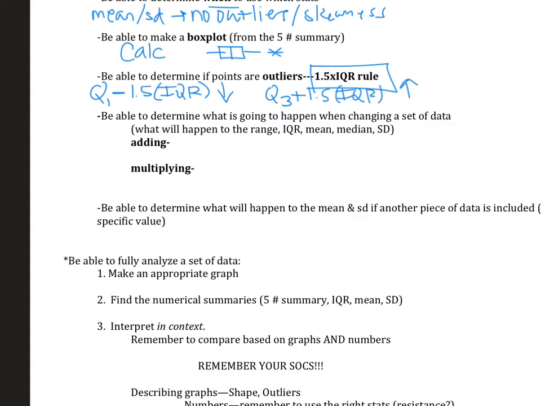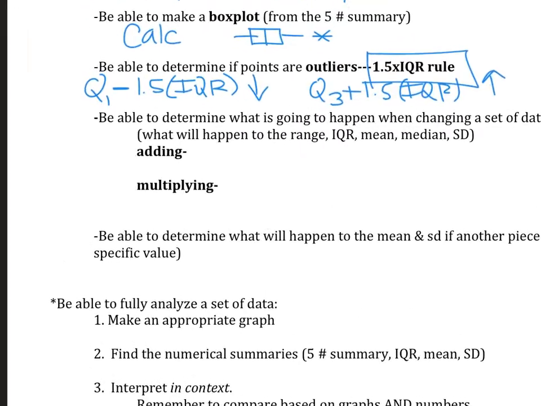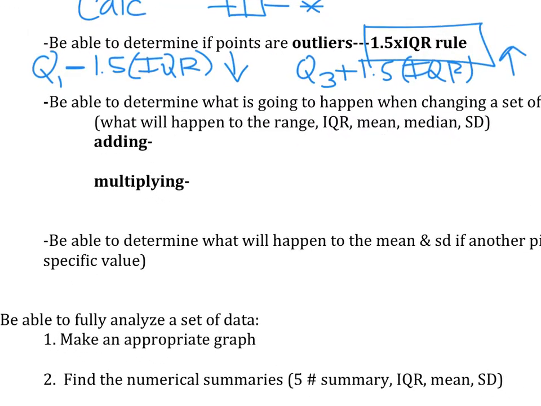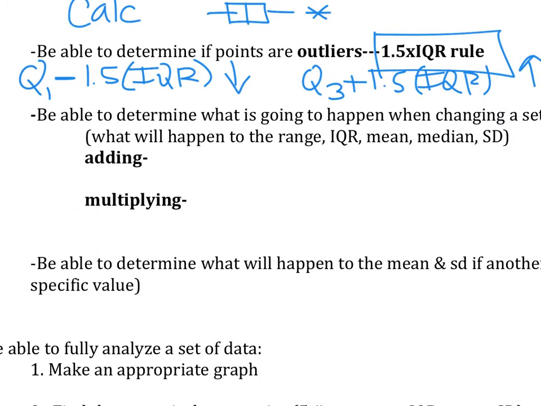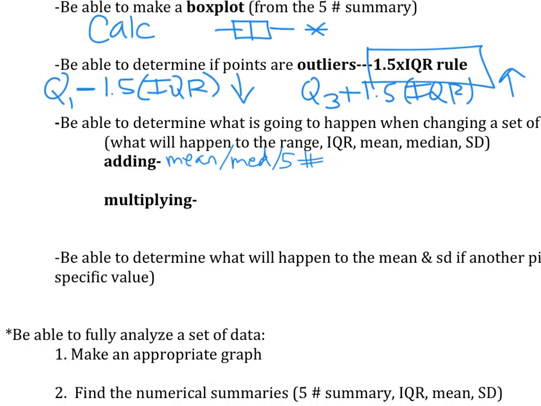All right, be able to determine what's going to happen when changing a set of data, what will happen to the range, all these things. So if you're going to add, like, everybody's going to get 5 points added onto their test. Yay, that would be awesome, right? Well, that is going to change the mean, the median, the 5-number summary, okay, when you add a number.